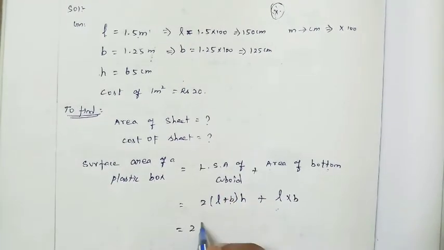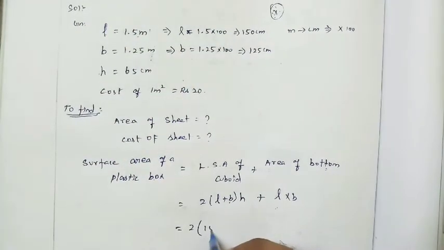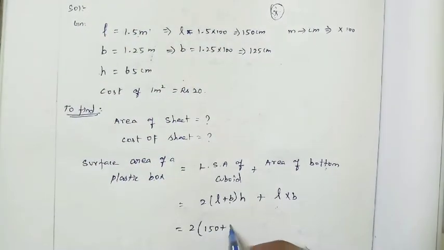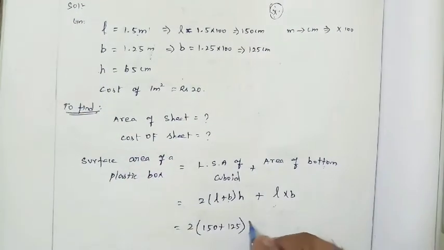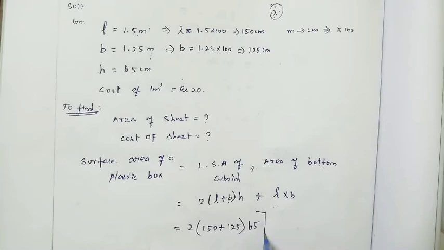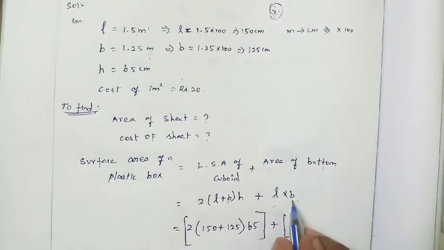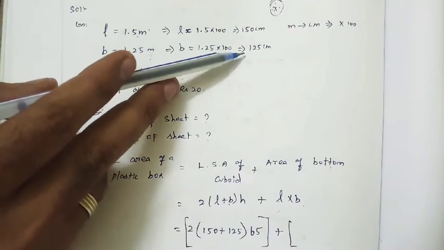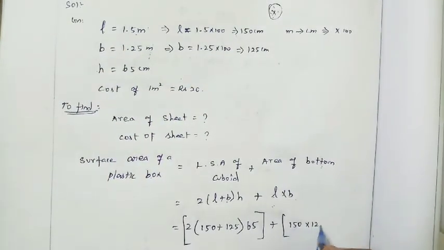Substitute and simplify. 2 into L, what is L? 150, plus breadth 125, into height H is 65. I'm putting a big bracket, plus open the bracket, L into B. L is 150 and B is 125. So 150 into 125.